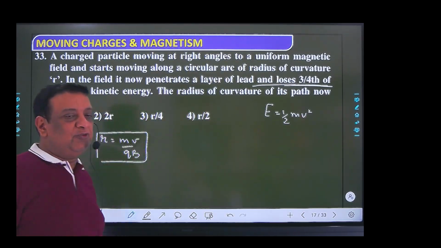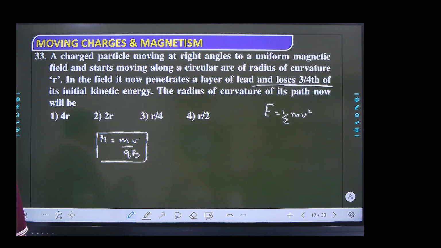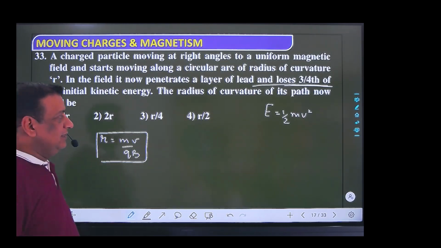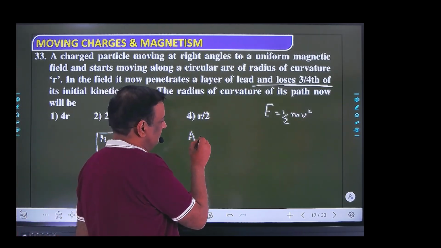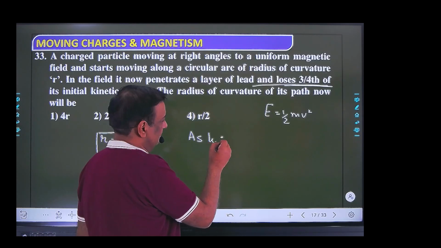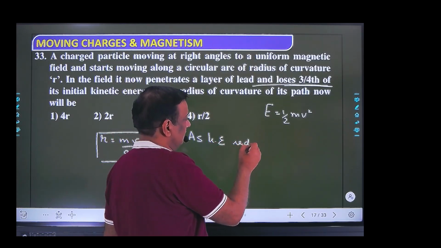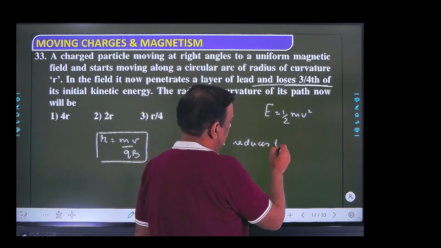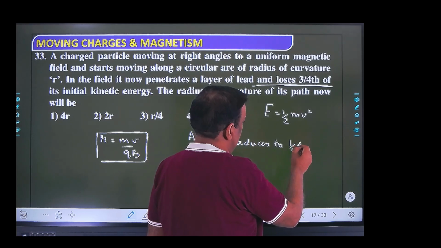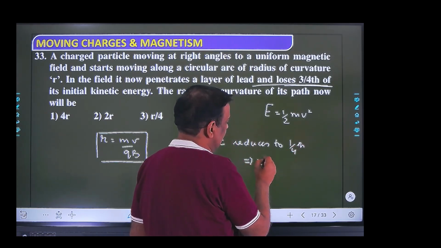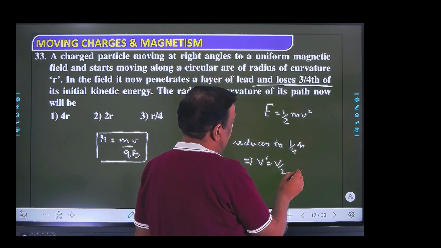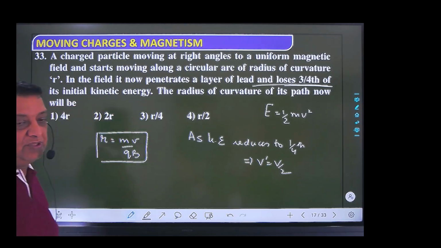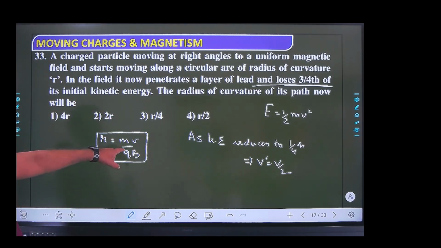Kinetic energy 1/4 तब होगी अगर velocity half हो जाएगी. अब अगर स्पीड हाफ हो जाएगी तो रेडियस विल बी r/2.